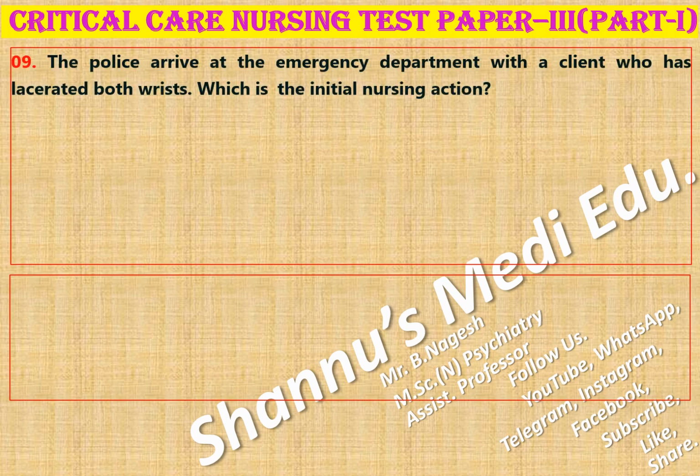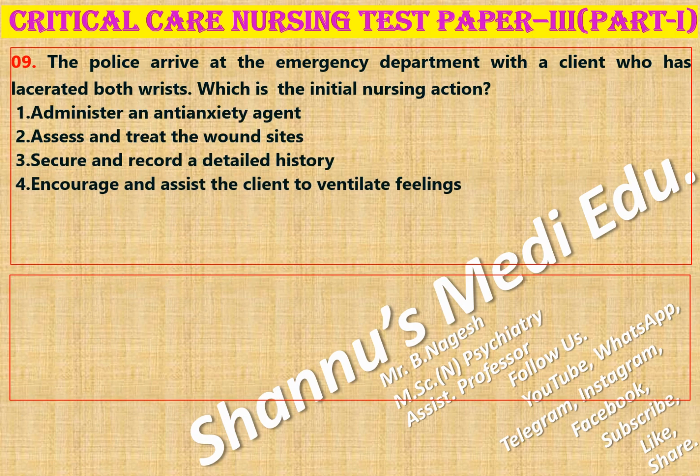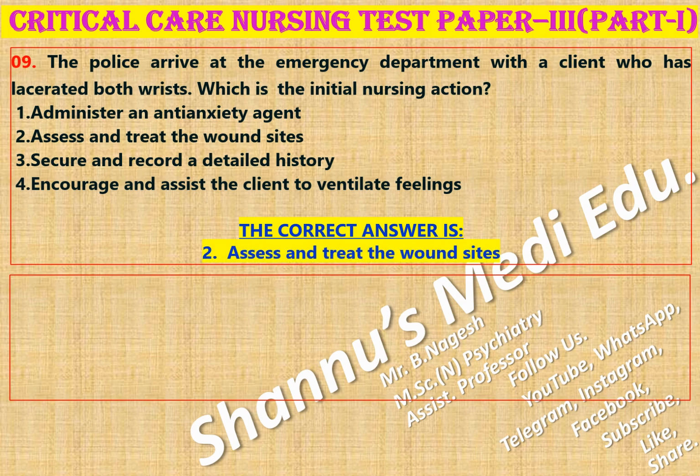The ninth question is: the police arrive at the emergency department with a client who has lacerated both wrists. What is the initial nursing action? The correct answer is assess and treat the wound site.